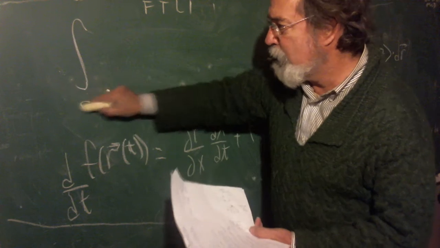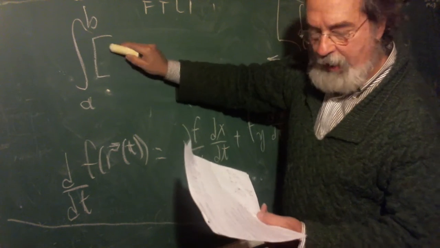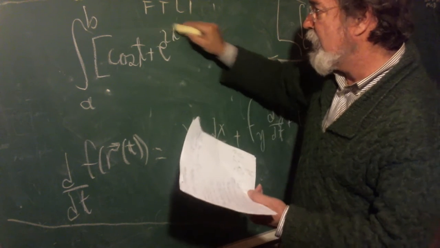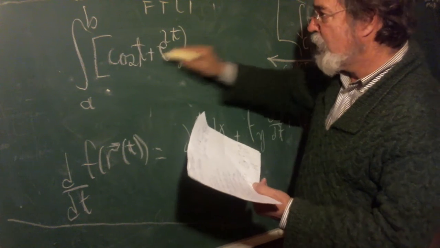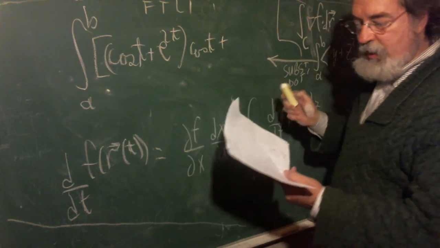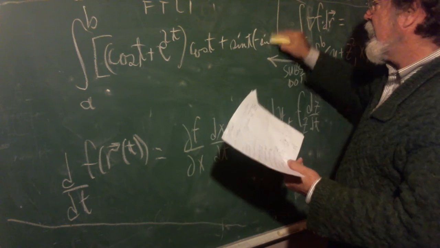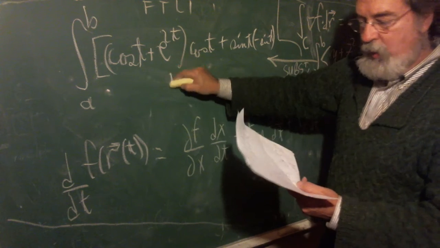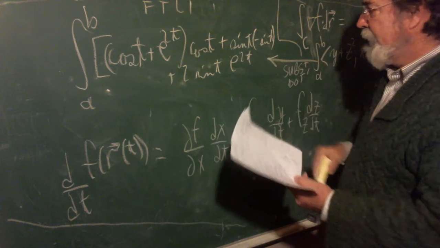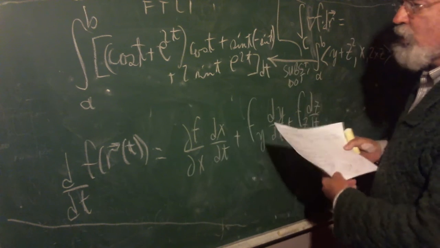It's the integral from a to b of, and you can do this yourself, big old bracket, I'm going to get cosine t plus e to the 2t times, those two times cosine t, plus, next up is going to be sine t times negative sine t, plus 2 sine t e to the 2t. Close off that big bracket dt. Now let's just look at these pieces here.